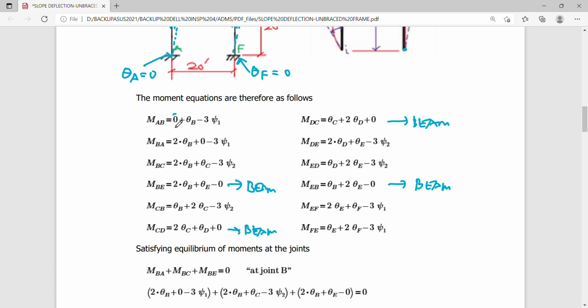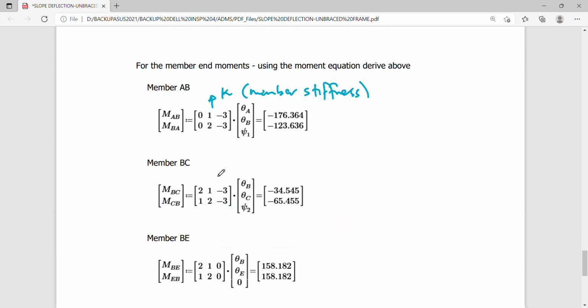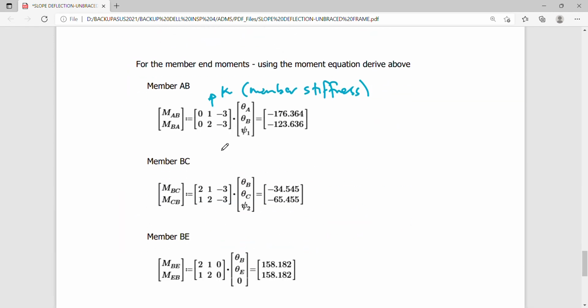Okay, so I just get it from MAB and MBA. So this is now a 0, 1, negative 3, and a 2, 0, negative 3, which I just transformed into a matrix equation for me to handle it very fast and very accurately. Okay, 0, 1, negative 3, and 0, 2, negative 3. Theta A, theta B, psi 1. Theta B, theta C, psi 2.